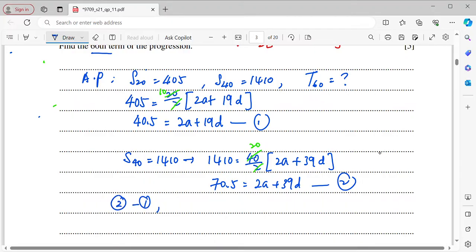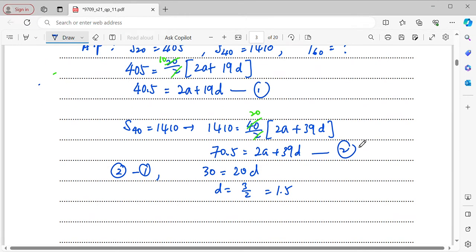So 70.5 minus 40.5, I will be getting 30. Then the 2a minus 2a will be 0. Then 39d minus 19d will be 20d. Therefore, my d is going to be 3 over 2, which is 1.5.